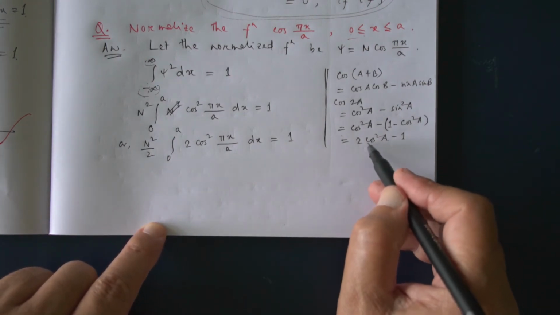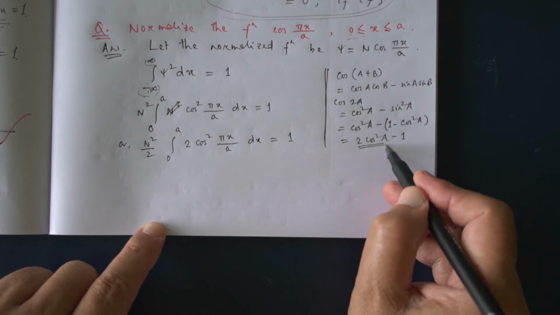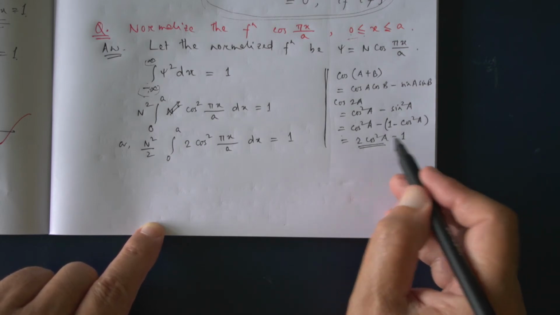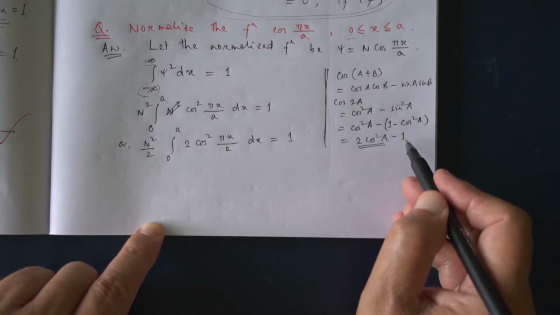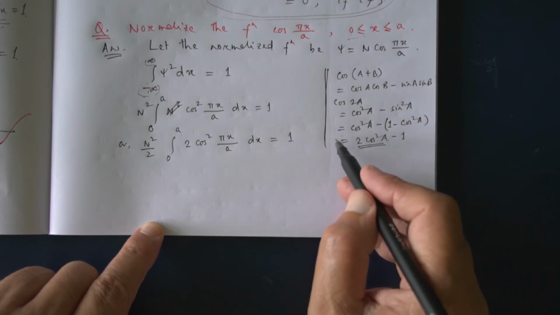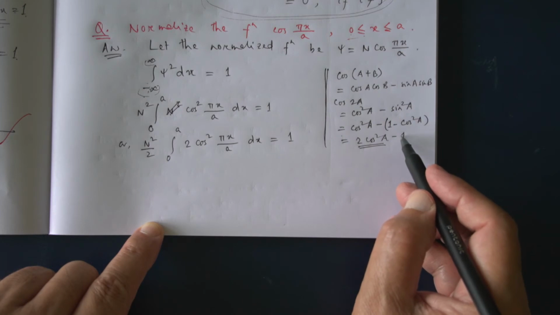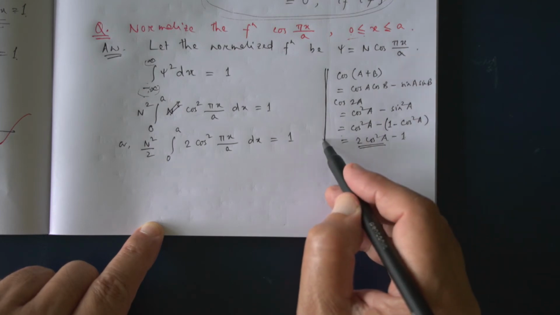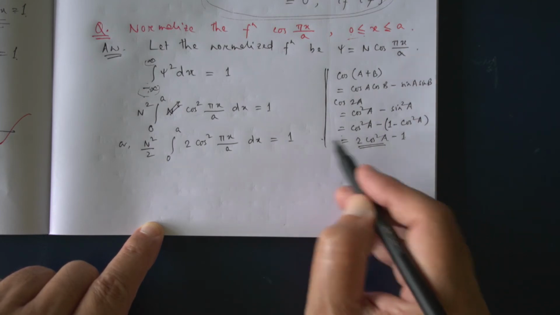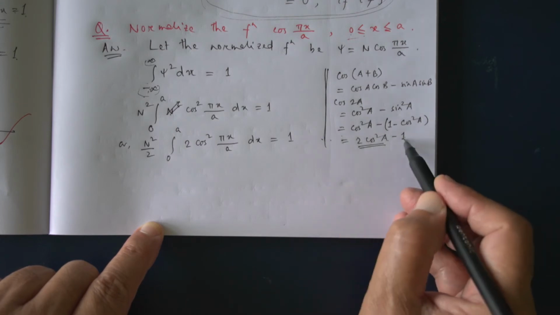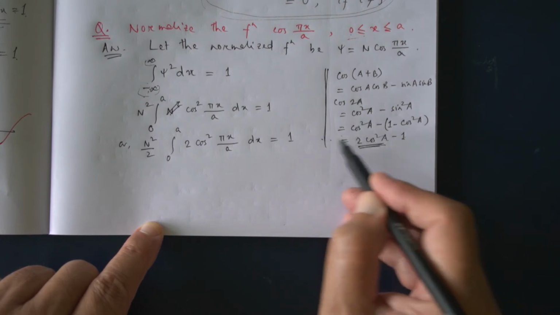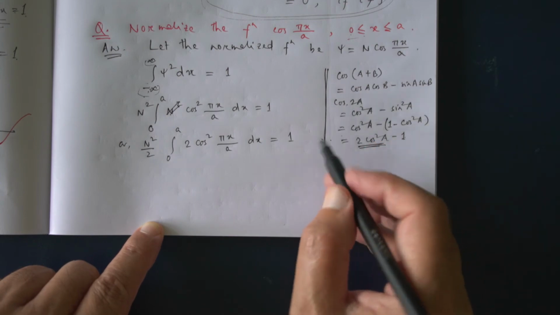From 2 cos square a minus 1, 2 cos square a will be equal to 1 plus cos 2a.